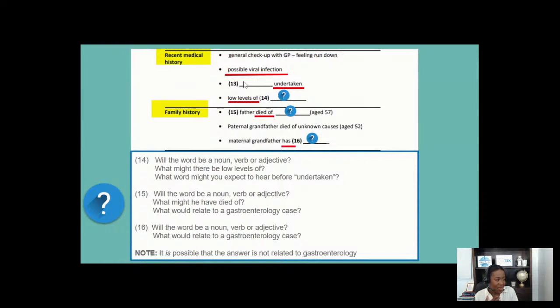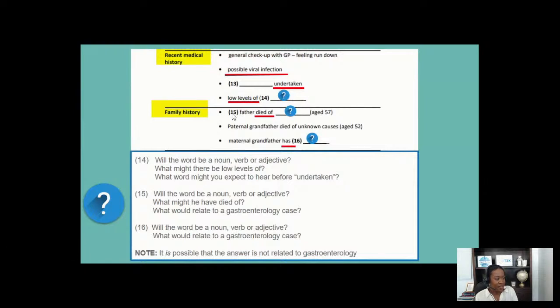Before here, we can use this information too, because if we've guessed this, then it will also help us guess this. So apologies for the confusion here. We can use the knowledge from 13 to help us with 14. So low levels of something, and that's likely to be a noun.